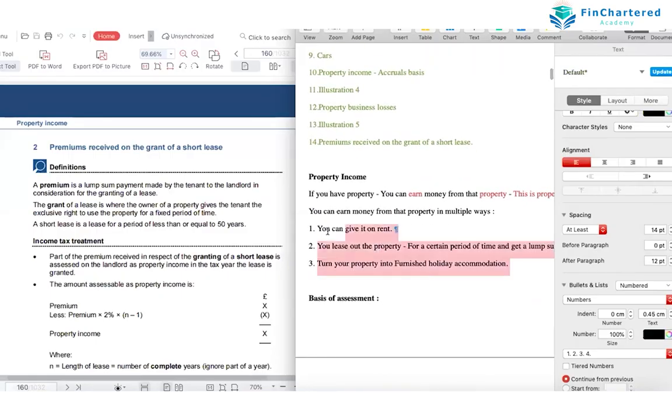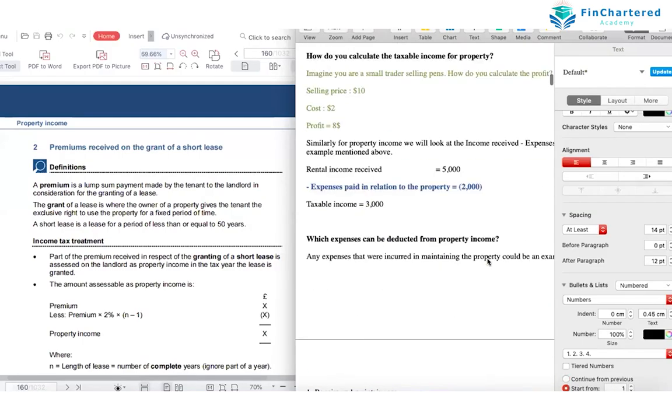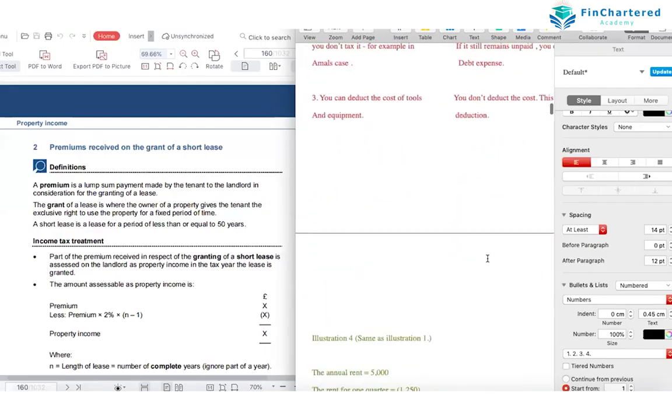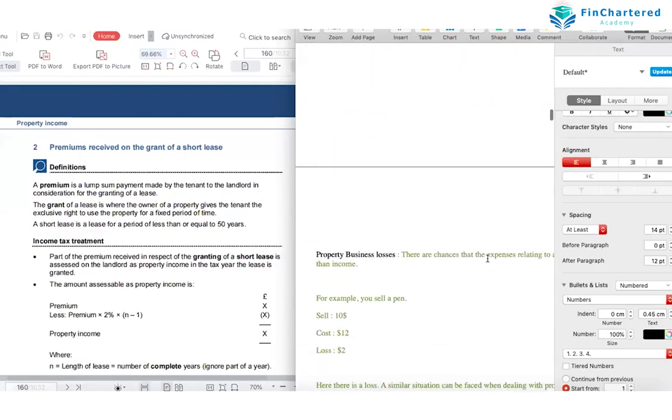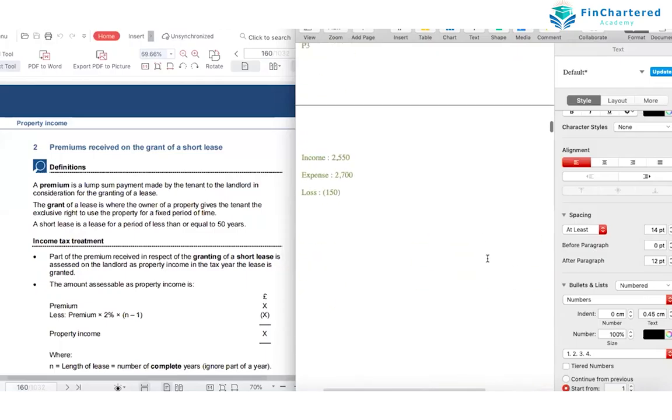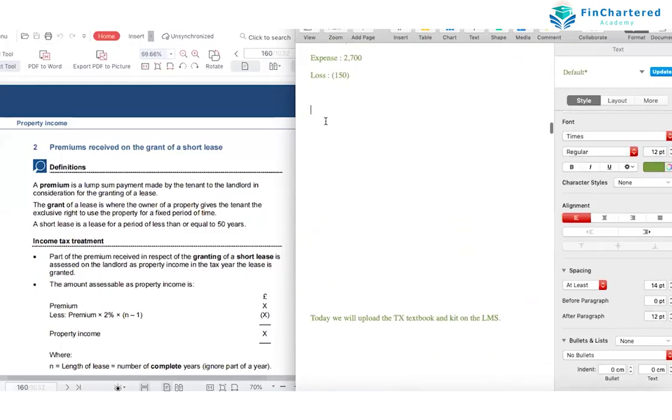So these 3 sections, you can say, the chapter is broken into. Okay, so let's look at that. Premiums received on the grant of a short lease.